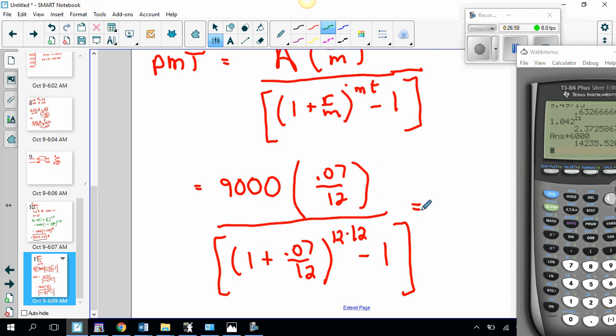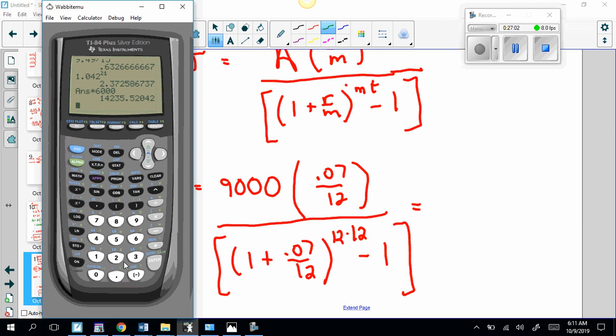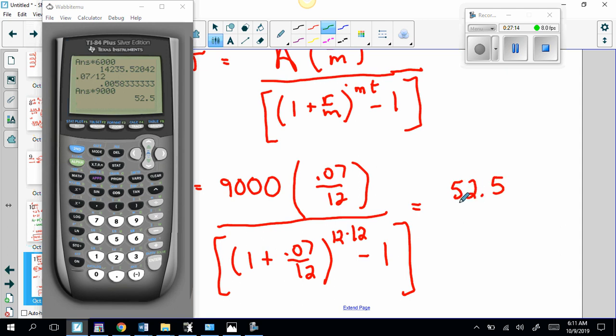And we get 0.07 divided by 12 in the numerator times 90,000, 52.5, divided by 1 plus 0.07 divided by 12.